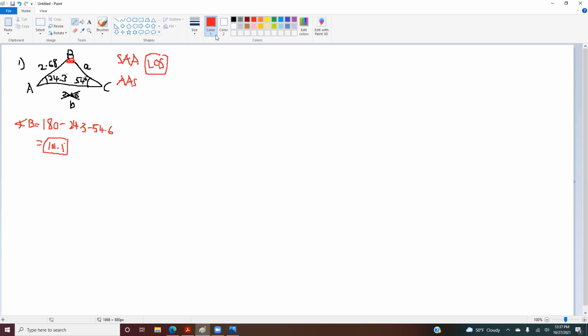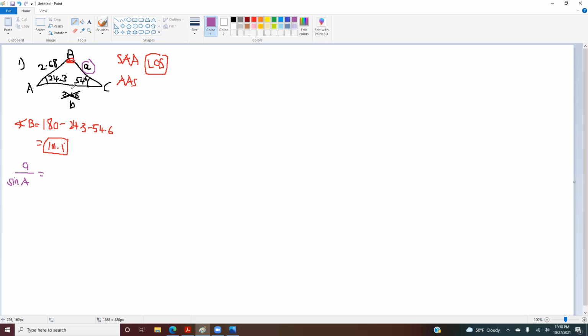So in order for you to find side A, we have to use the law of sine. So the formula says A over sine A is equal to B. We do not know B, so we're not picking B here.